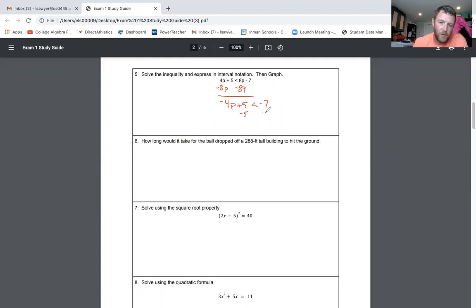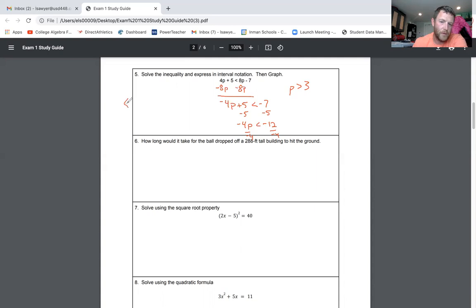Subtract 5. You get negative 4p is less than negative 12. Divide by negative 4. And remember, anytime I divide by a negative or multiply by a negative, I have to flip the sign. So since this is less than, it's going to be p is greater than 3.